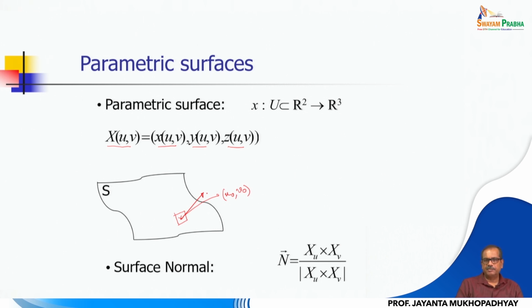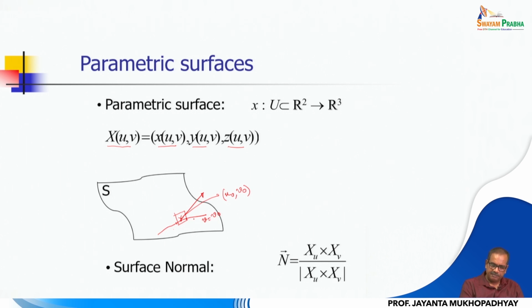Now for the parametric description, at this point suppose you have a curve which is varying with u, but v is constant, say v equal to v naught. Within a very small interval, there is a smooth curve passing, varying between say u1 to u2, where u naught is within that interval.